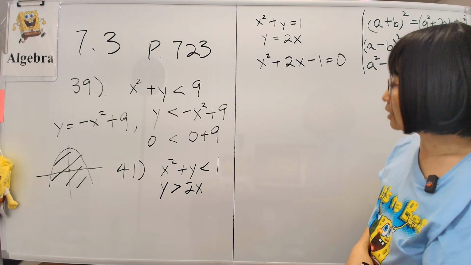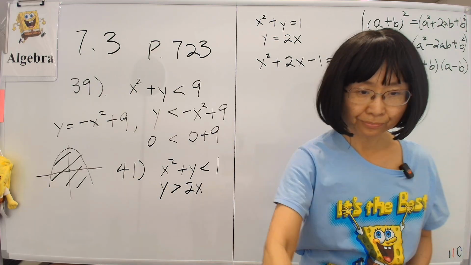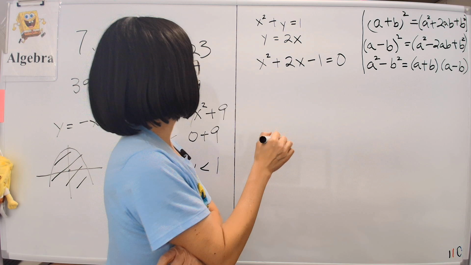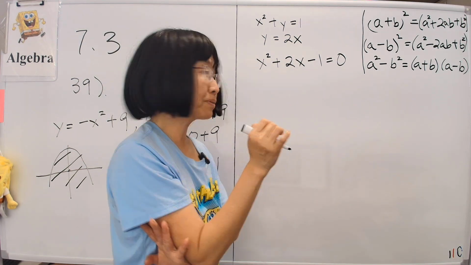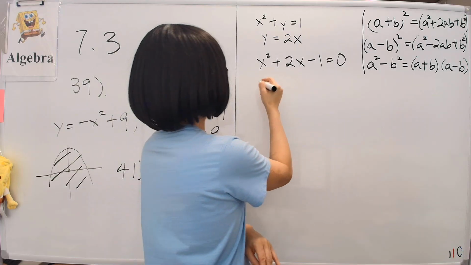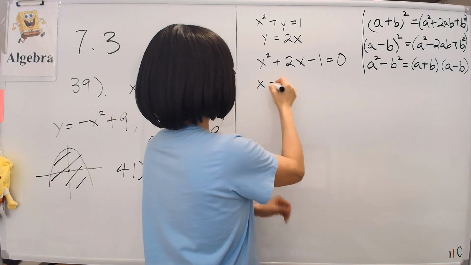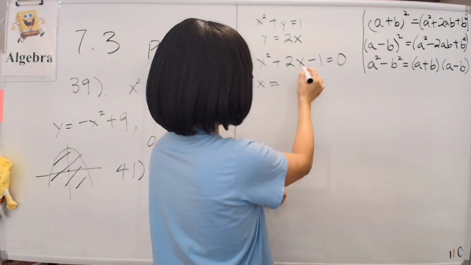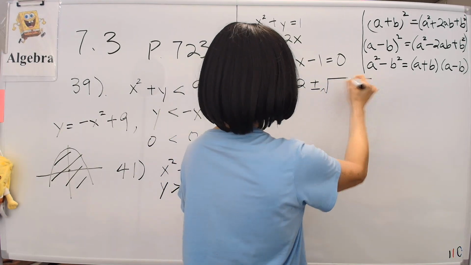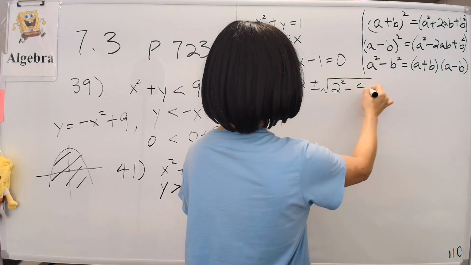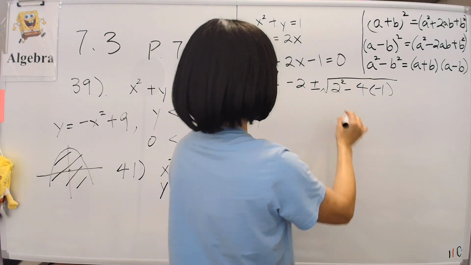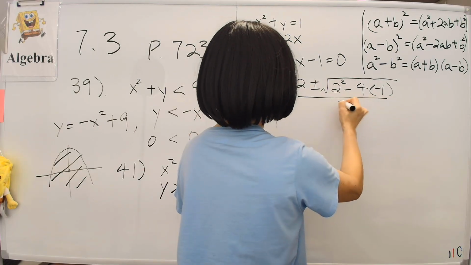Yeah, that is not looking good to me. This is not looking like a lot of fun because there is no way we can factor it simply. We have to pull out the good old quadratic formula. The quadratic formula states that the root of a quadratic is minus b plus or minus square root of b squared minus 4ac, divided by 2a. a is just 1, so 2a is just 2.